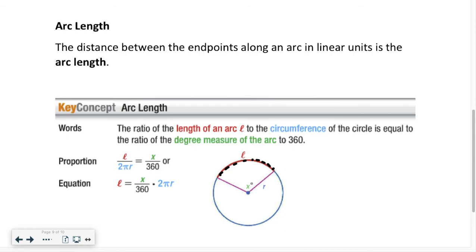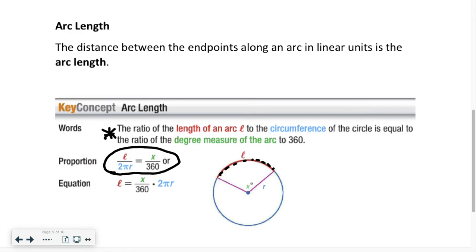And so the ratio of the length of an arc L to the circumference of the circle is equal to the ratio of the degree measure of the arc to 360.